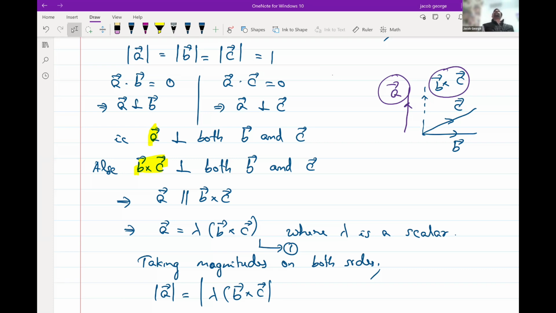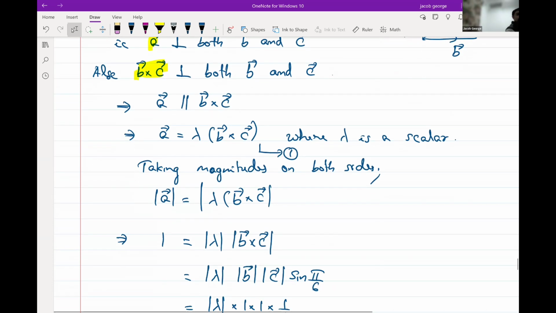Now the next step is taking magnitudes on both sides, so then you will find out lambda. Magnitude of A vector is magnitude of lambda times B cross C. This we can break into modulus of lambda into modulus of B cross C. And when it is modulus of B cross C, we don't have to write n cap; n cap will become 1. So it is magnitude of B vector into sine pi by 6.